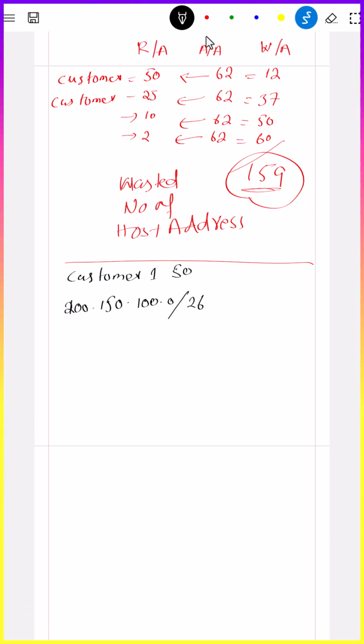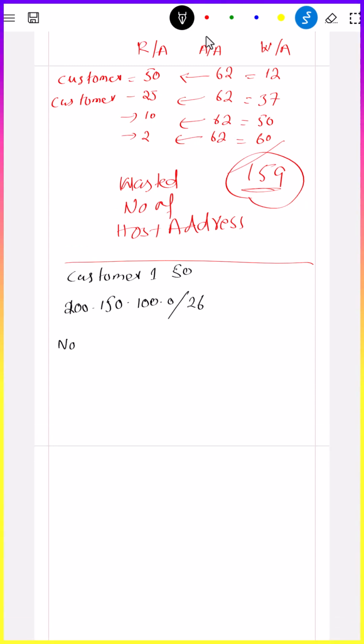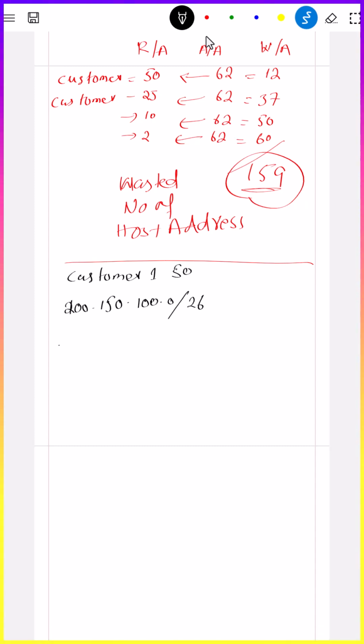Will give me 6 host bits remaining there, so 2 power 6. Number of networks are how much? 2 power n, 2 power 2 is equal to 4, and 2 power 6 minus 2 is equal to 62.